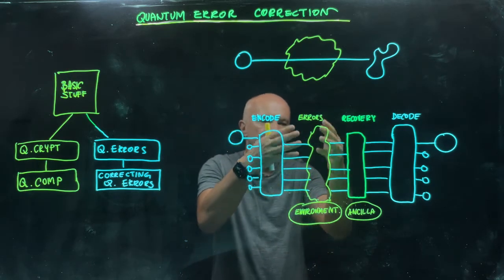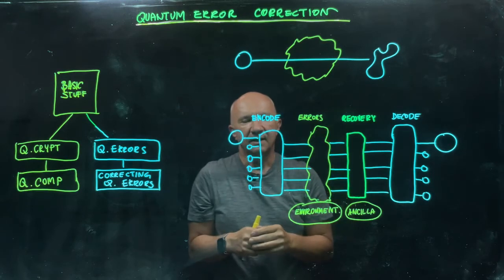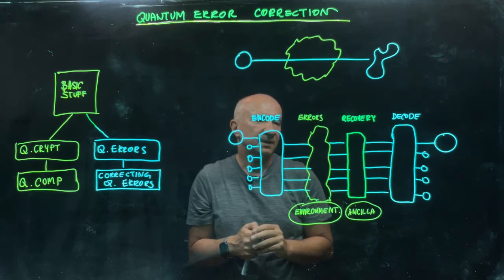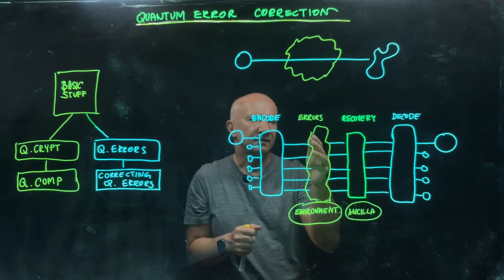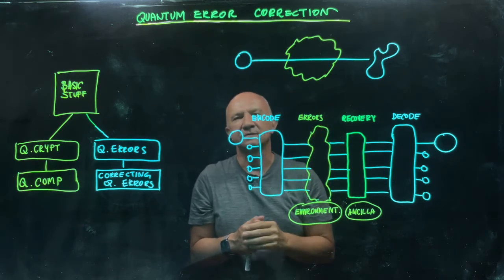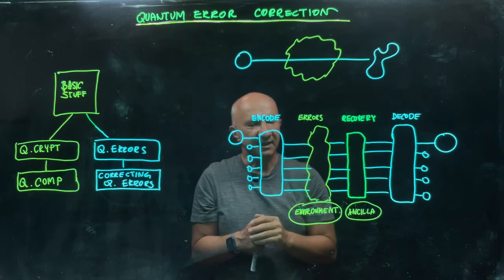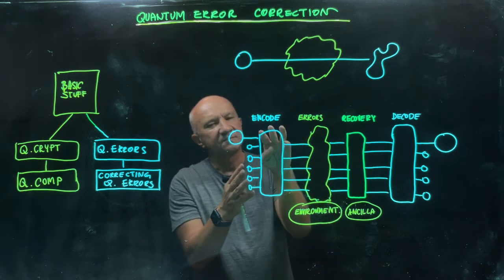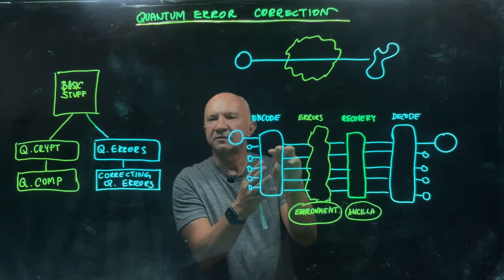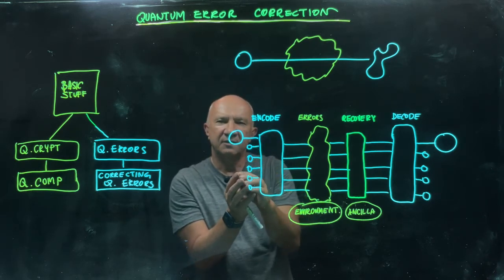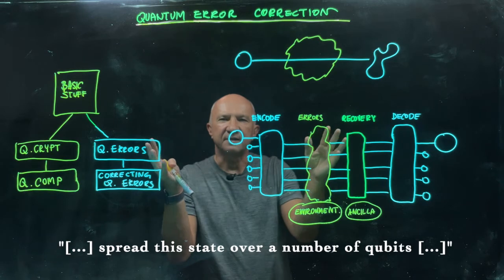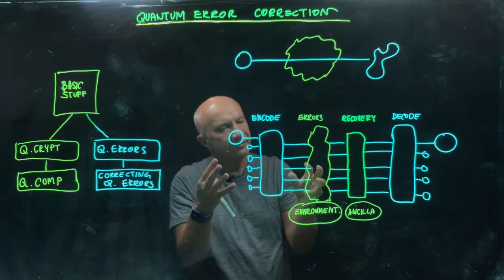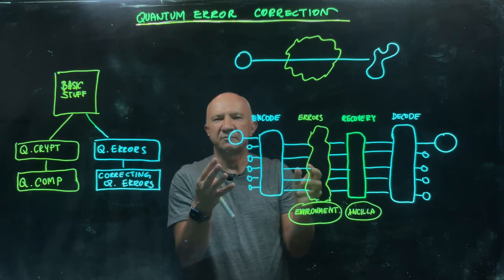So errors will appear. And at this point, you may be a little bit confused. You say, okay, well, now the errors will appear on many qubits. Well, yes, but if you take the quantum state of one qubit and somehow spread this state over a number of qubits, then the error on one qubit may not be so significant.